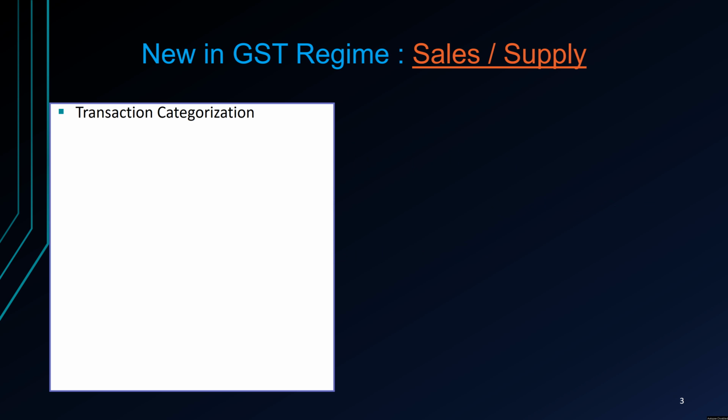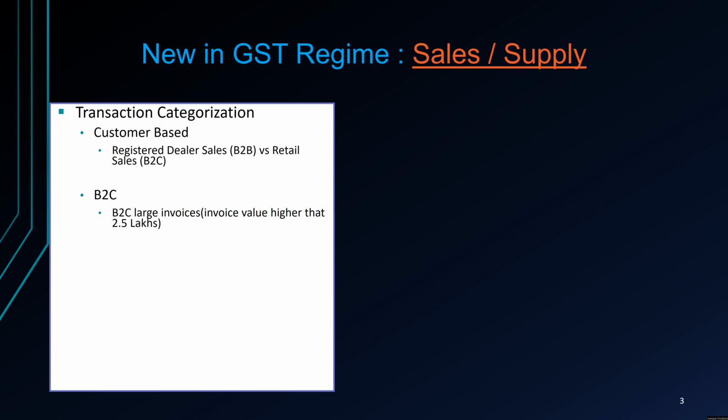Your sales firstly have to be classified based on the customer, whether it is a B2B customer or a B2C customer. So a registered dealer to a registered dealer is a B2B, and a registered dealer to a retail customer is a B2C. Now even the B2C customers have to be classified into B2C large and B2C small.